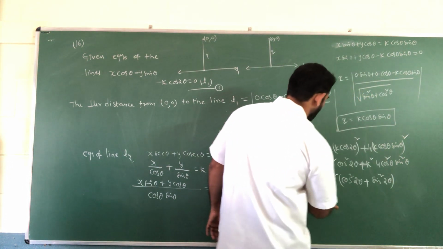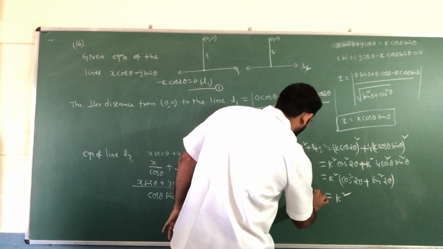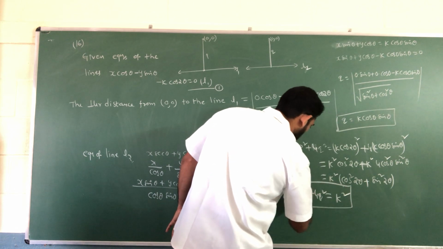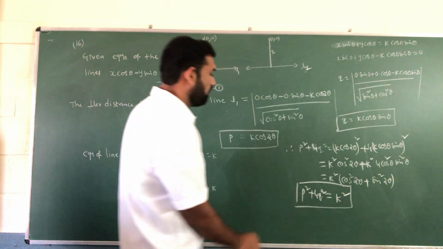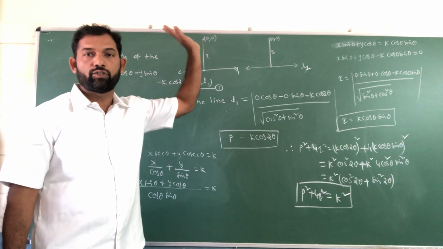So that value should be 1. So the answer will be p square plus 4q square is equal to k square. That is our solution.